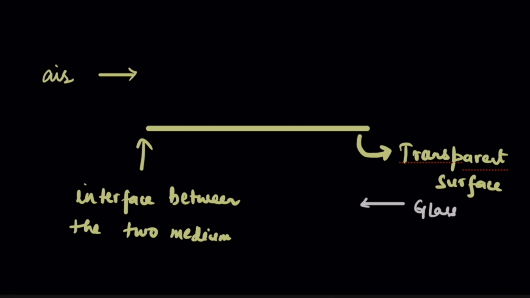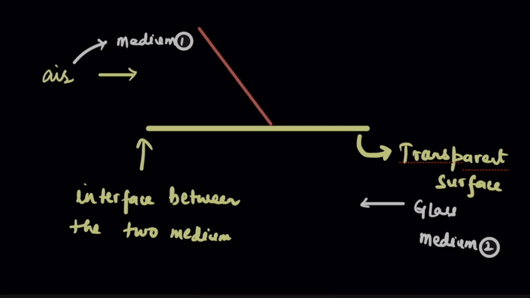So air is one of the medium. Let us assume this is medium 1 and glass is medium 2. So if any incident ray that moves from medium 1 to the medium 2, this is the incident ray, it touches the interface, it will bend.